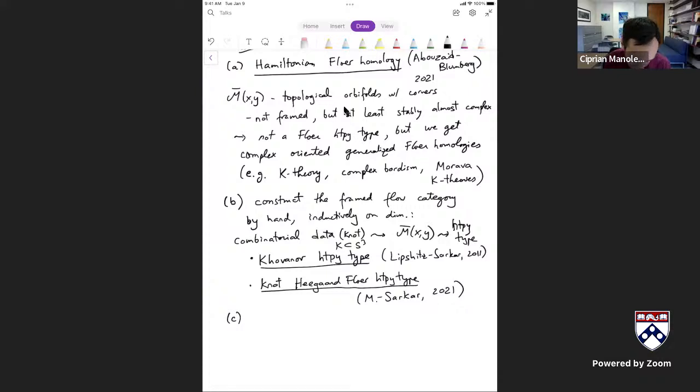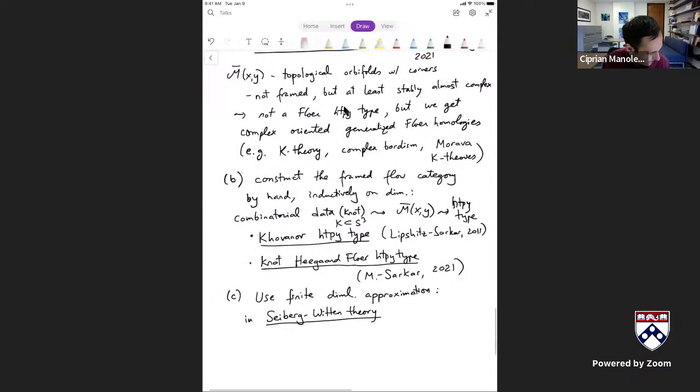And finally, another thing is to bypass flow categories entirely and use finite dimensional approximation. So far, this was just done in Seiberg-Witten theory. Well, it was done in some settings in symplectic geometry as well. But let me just talk about this. I did this in 2001 for three-manifolds with b1 equals 0.